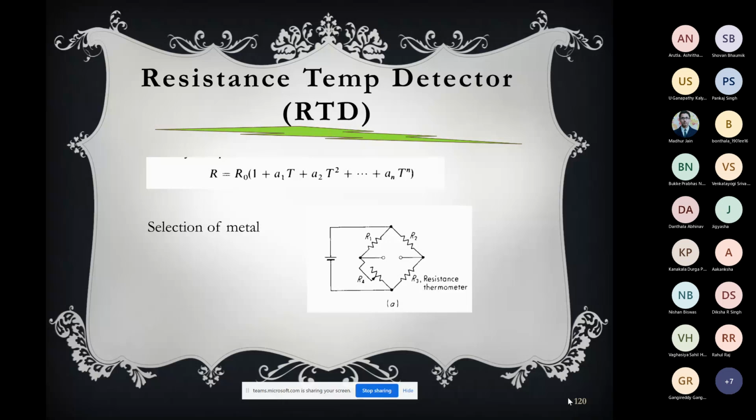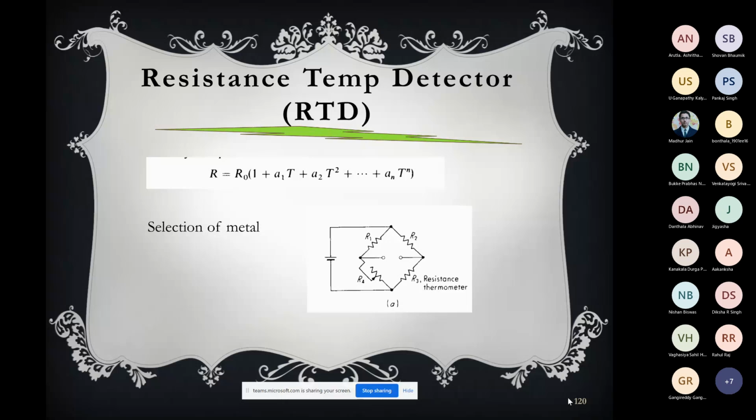What is that? It is the change in resistance with respect to change in temperature. That means this is the sensitivity. So dR by dt should be high to get a good, sensitive temperature sensor. For that, you have to choose a material whose R0 value and A1 value are both very large. If both are large, then you will get very good sensitivity, and that material can be used as an RTD.